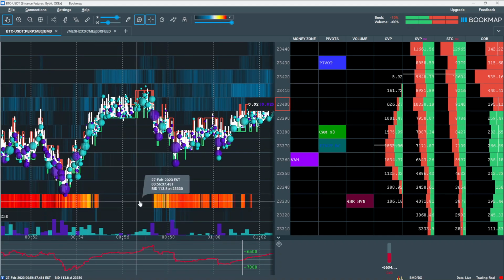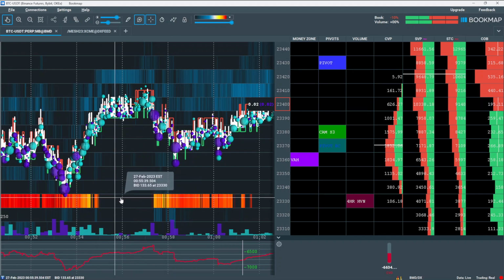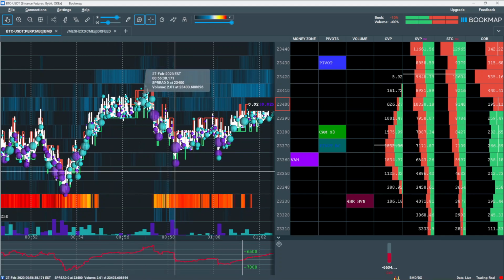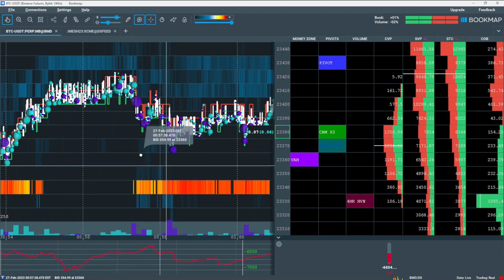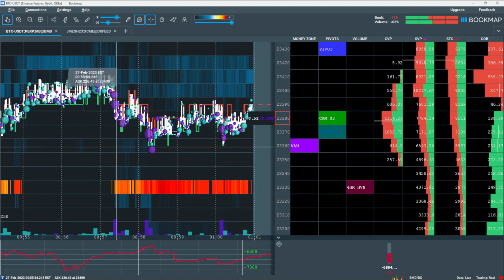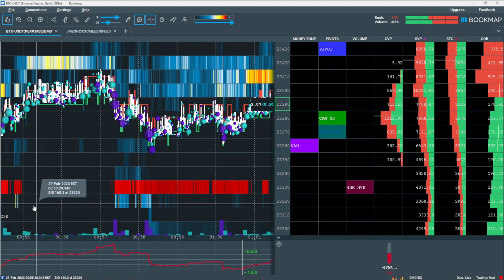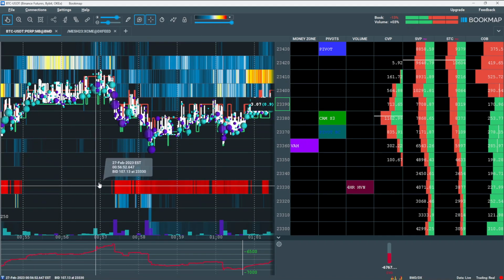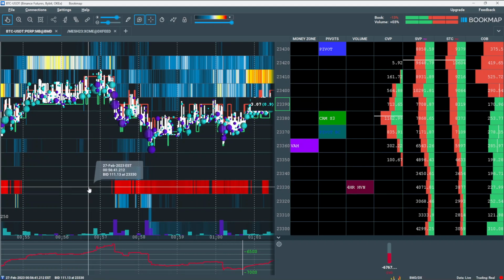I don't know why they did this though. Maybe they thought price was just going to run away. Actually, I know why they did it. They probably thought price was just going to go, and there's no need to keep the liquidity in the book down here for support at 23,330.